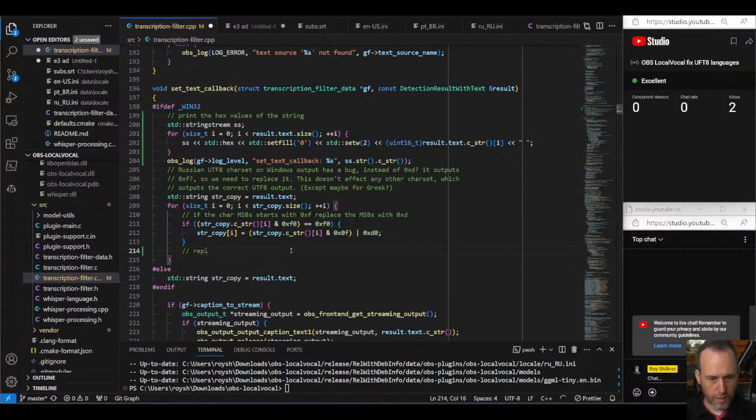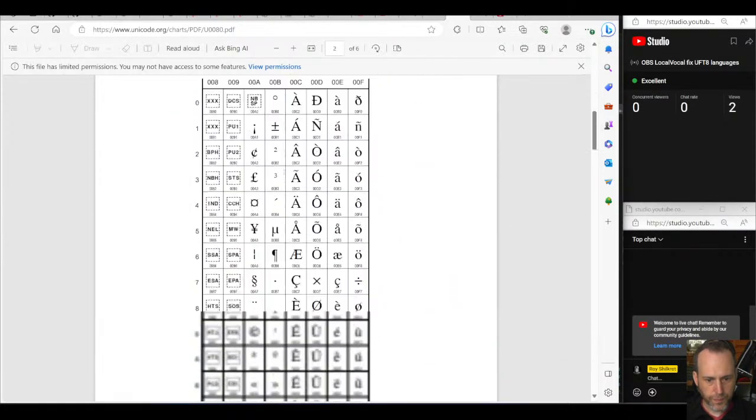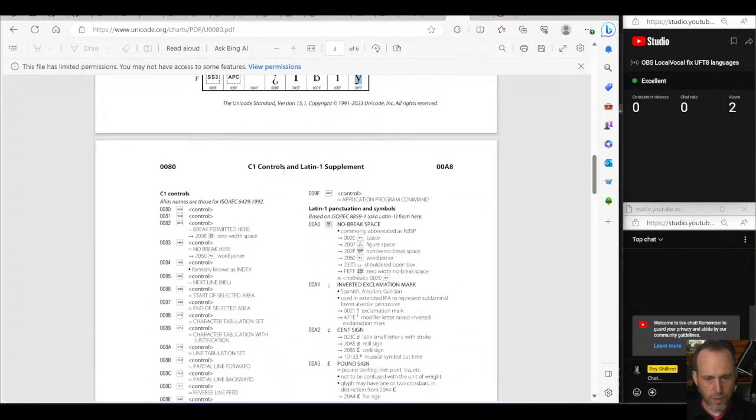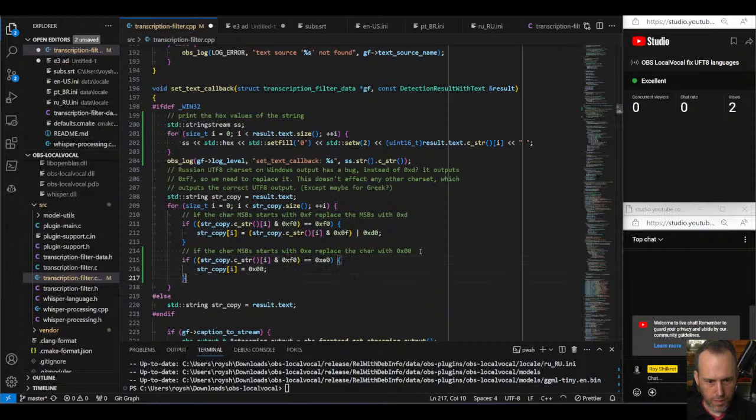If the char MSB starts with an E, replace the char with a 00. This is like Unicode, first character. Well, I'm hoping. Here is hoping. Let's try that.